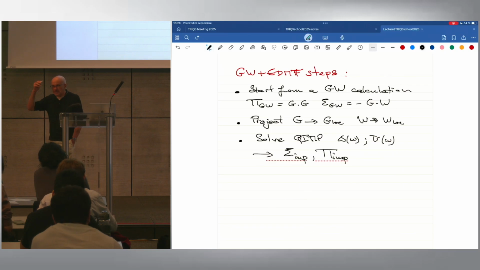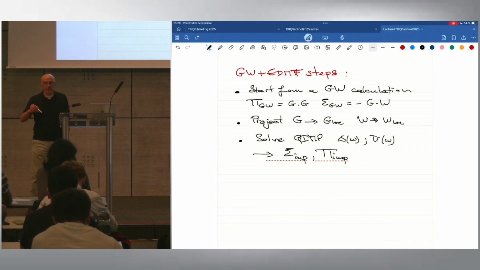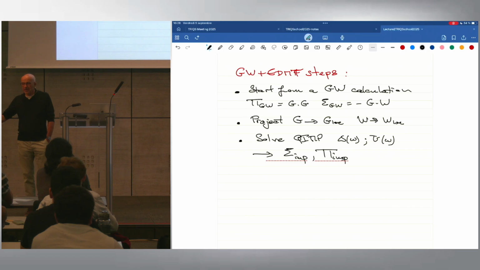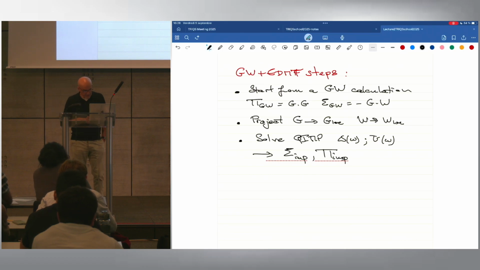I have to go through this route of computing chi impurity, putting it into W impurity equal U minus U chi U, and then defining pi impurity as W minus 1 equal U minus 1 minus pi. So you have to do all this stuff, right? This will lead you to sigma impurity and pi impurity.